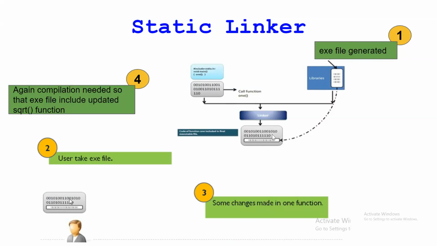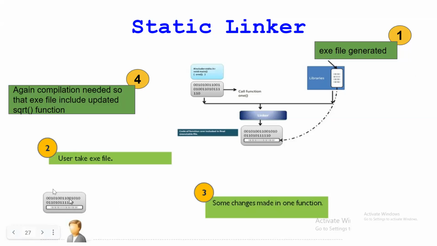Now once you create this exe, suppose on my laptop I have created the exe, I can simply copy that exe and paste it on any other laptop or computer, and then I can directly execute that executable file. So here, this person is a different person who is simply executing this executable file.